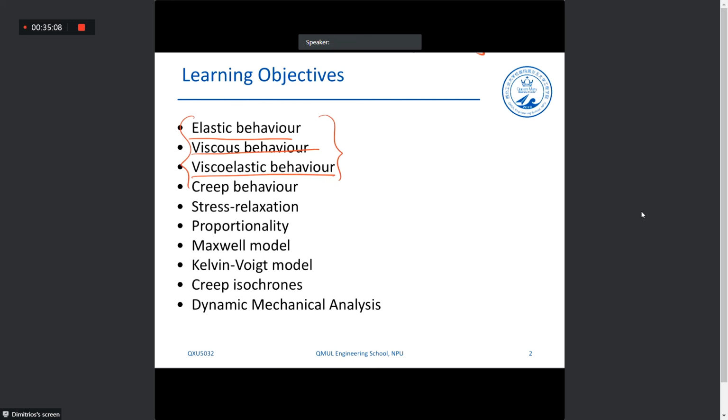Okay, the creep behavior of a polymer essentially defines how a polymer behaves under a constant stress. Okay.